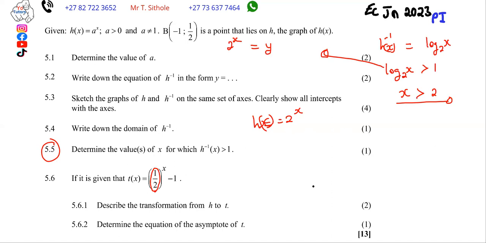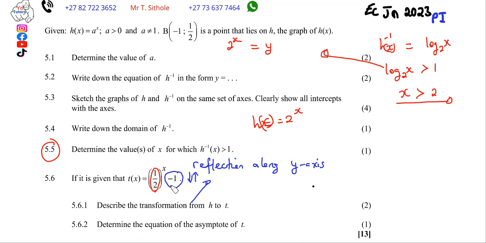So the first transformation here is a reflection along the y-axis. Then the second thing is we see the shift. This is the vertical shift, up or down.